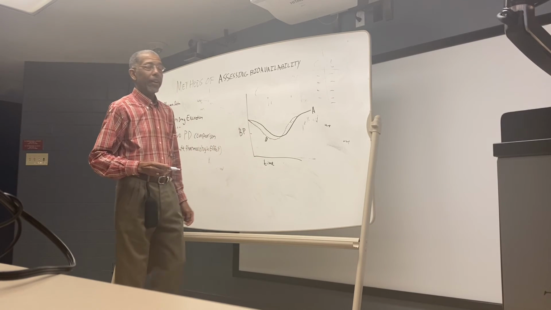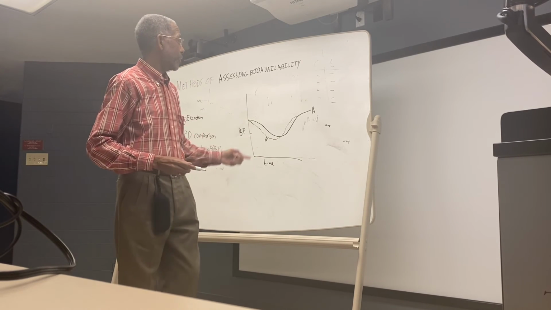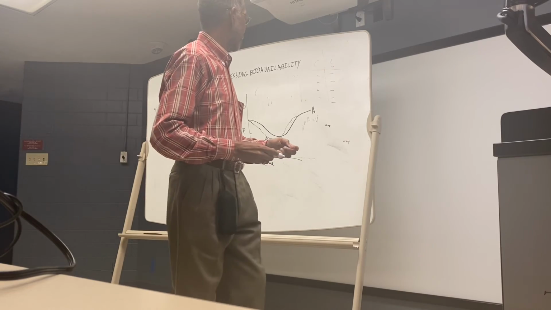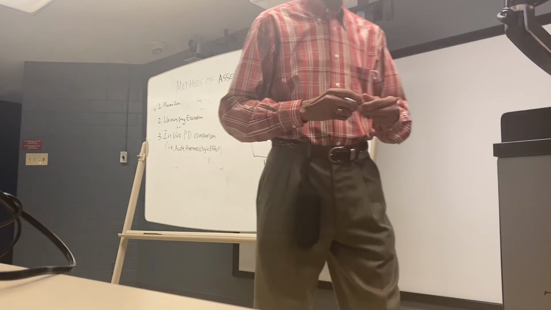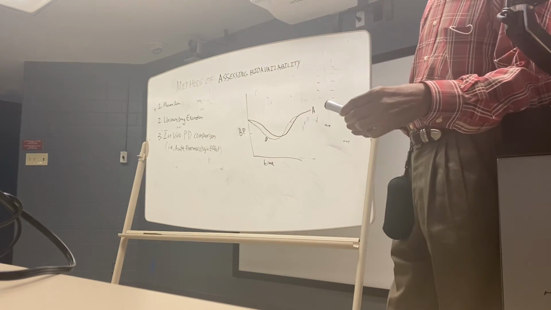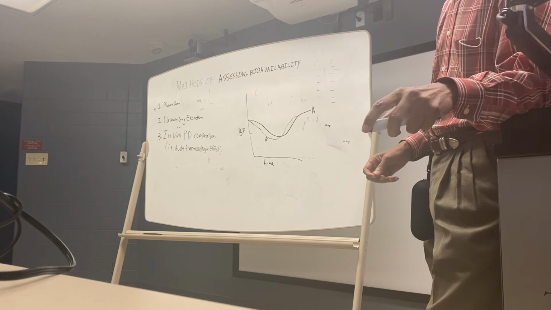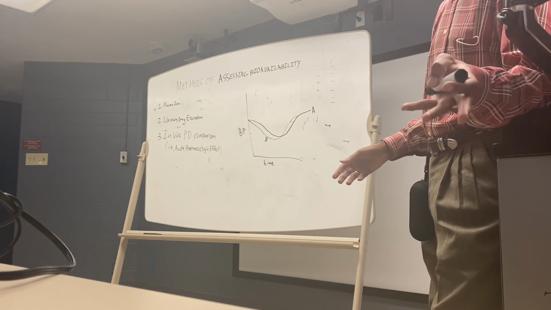Now I'm going to ask you, which one of these drug products is getting into the bloodstream faster, based on that pharmacodynamic comparison? B. I would say B, exactly right.